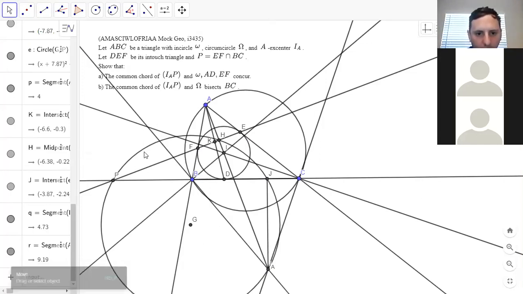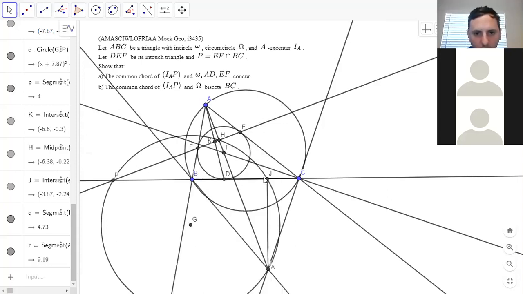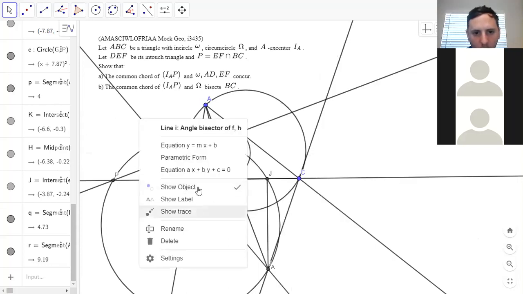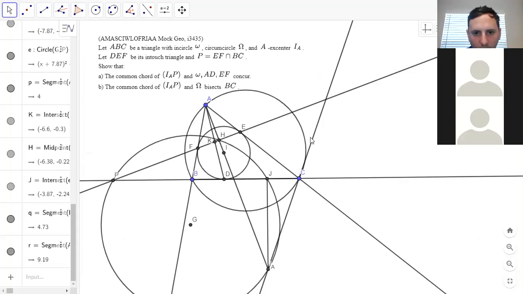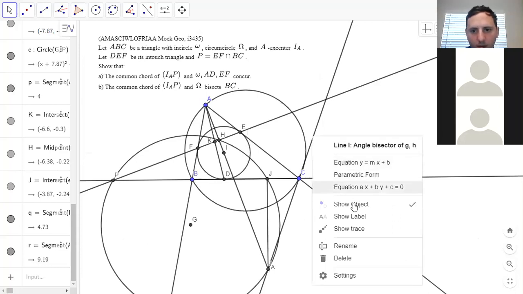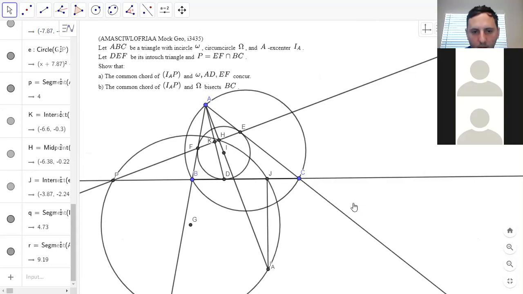Let me hide some of this extra stuff. Yeah, we are done by well-known projective lemma. KH times KP equals KE times KF, because PKEF is a harmonic bundle and H is the midpoint of EF. Oh yeah, that's too easy.